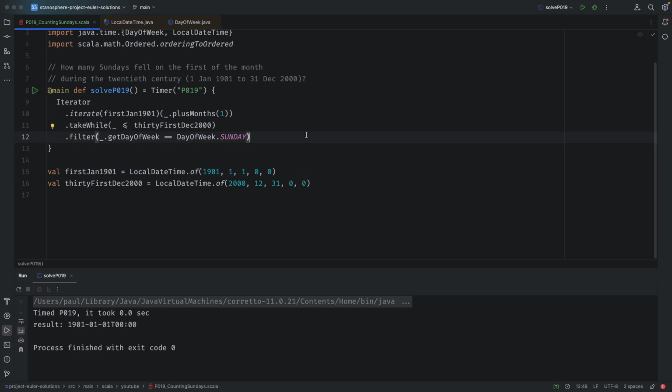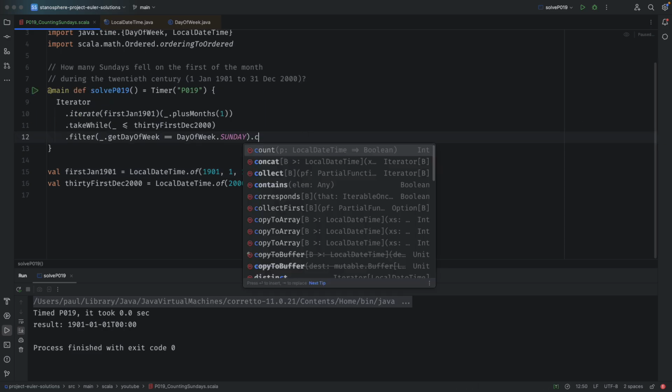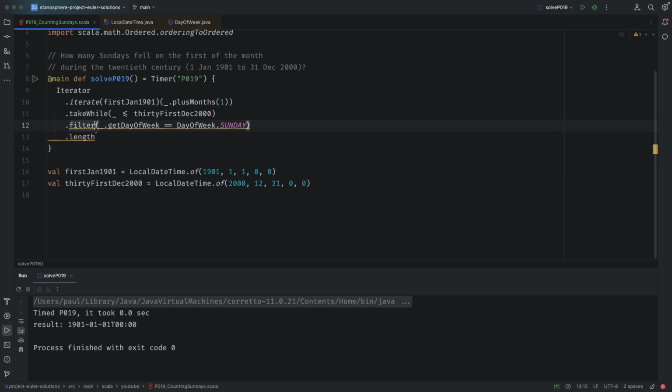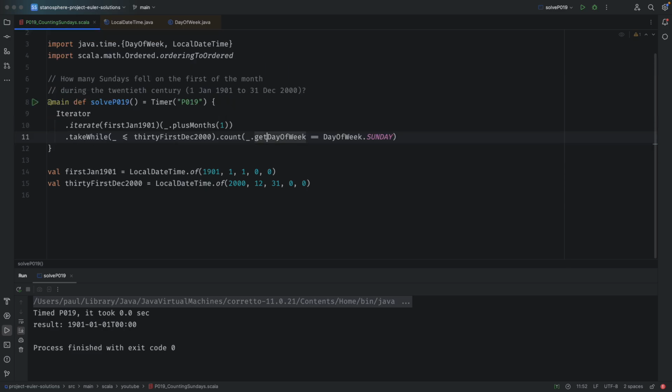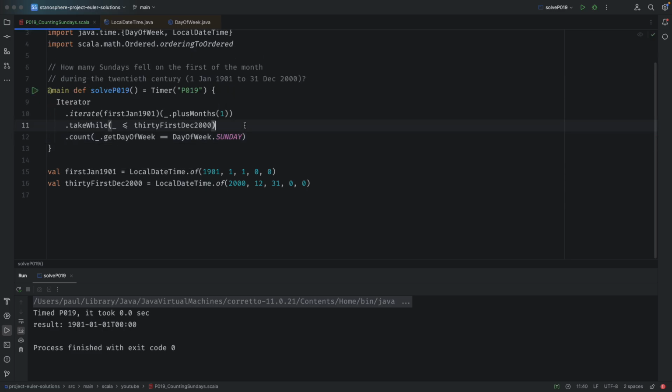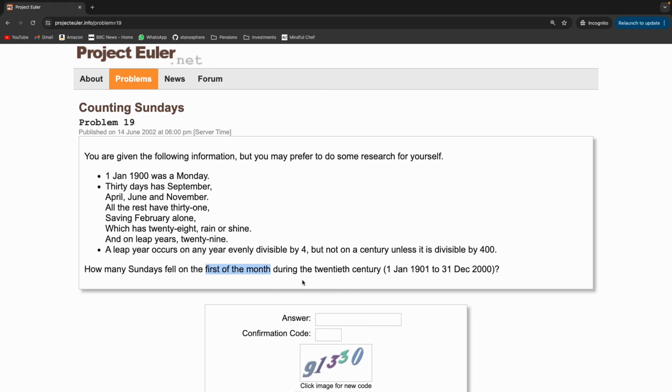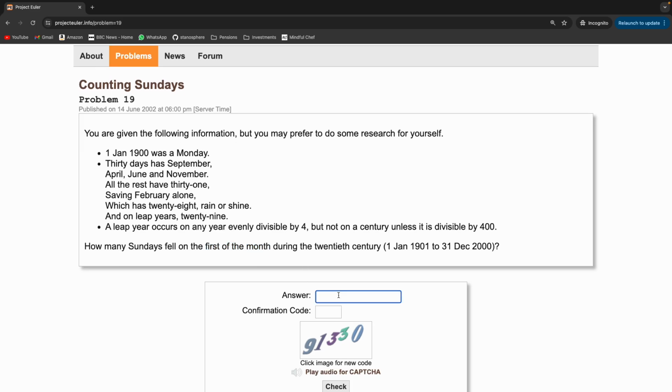Okay, and then we should just be able to get the length of that iterator. And IntelliJ is telling me to use count instead, which is fair enough. Okay, cool. That should be the answer. So 171.